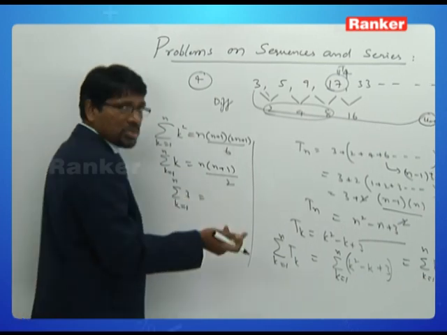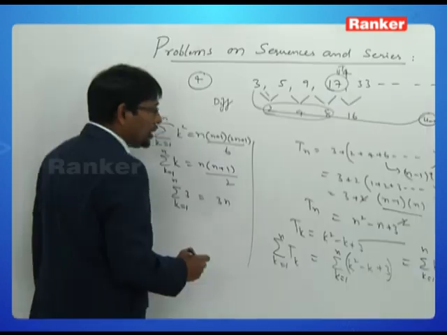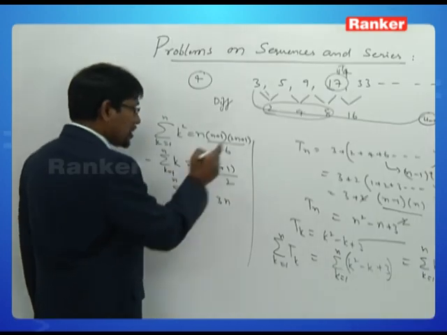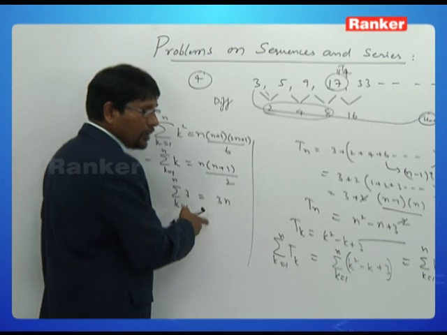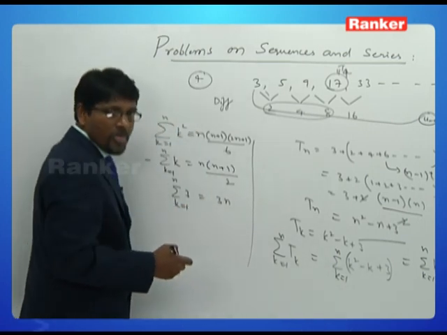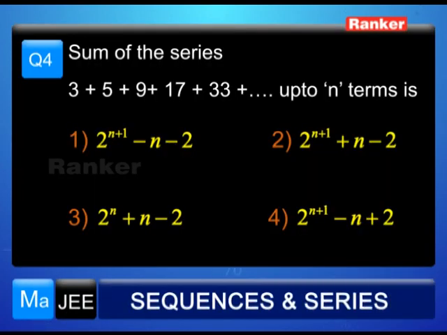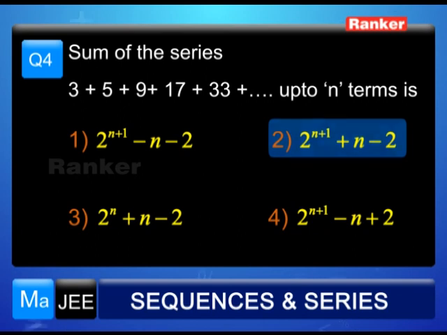So it's a constant that is getting added up n times. So we have 3n here. Now add up all this: this minus this plus 3n. After simplification, that turns out to be in the form of 2 power n plus 1 plus n minus 2. So that's how we can arrive at it.